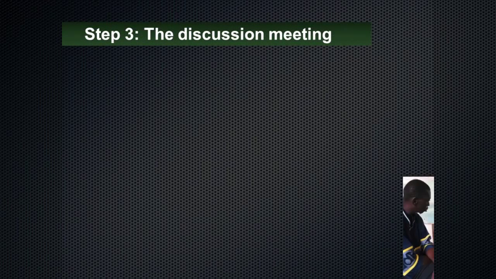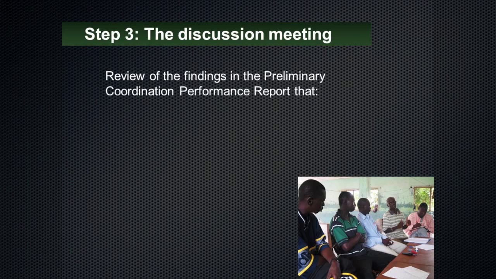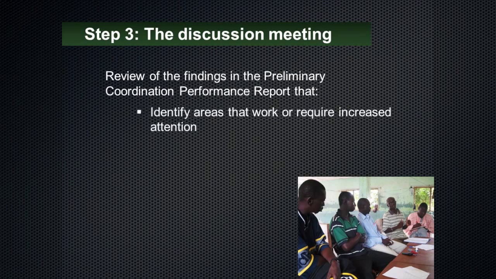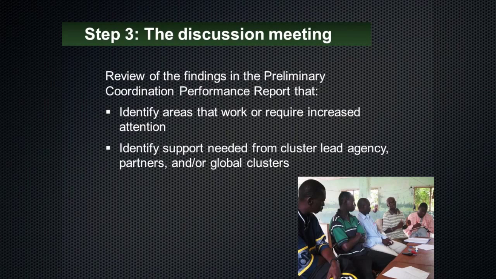Step 3 of the process encompasses the review of the findings in the preliminary coordination performance report that identify areas that work or require increased attention, and identify support needed from cluster lead agency, partners and/or global clusters.